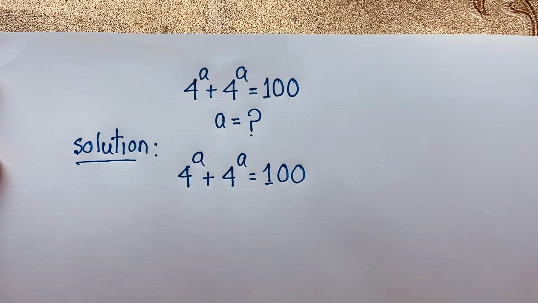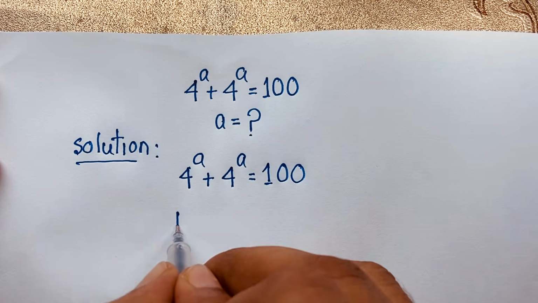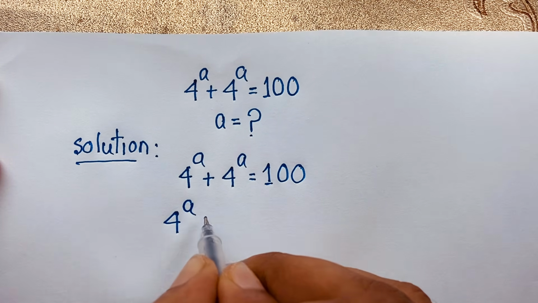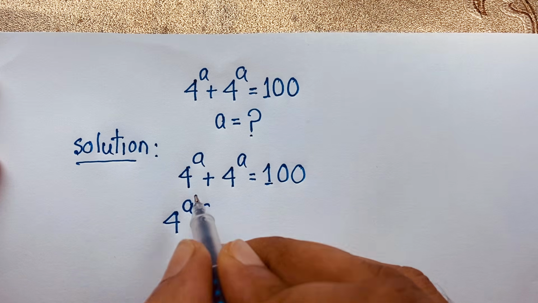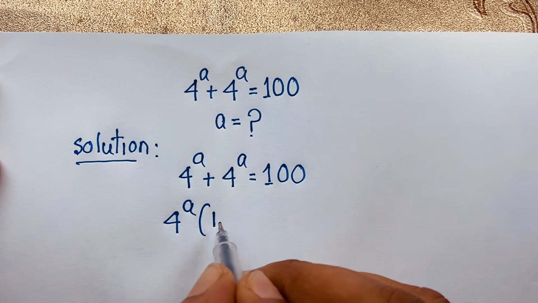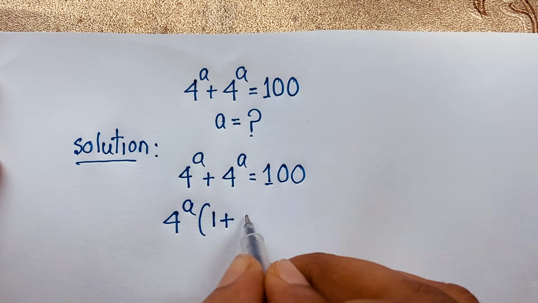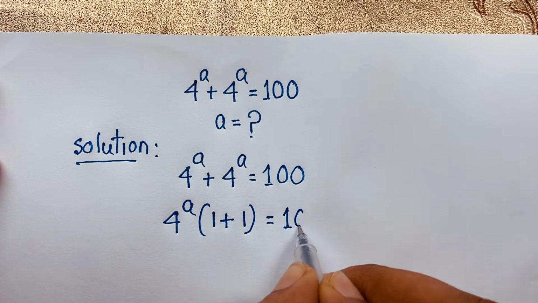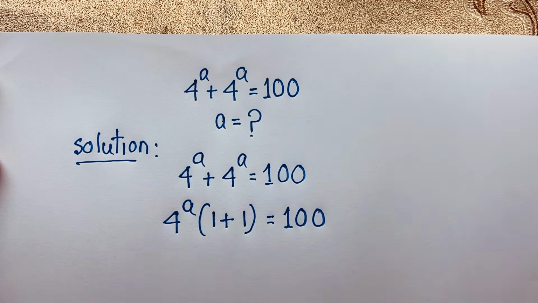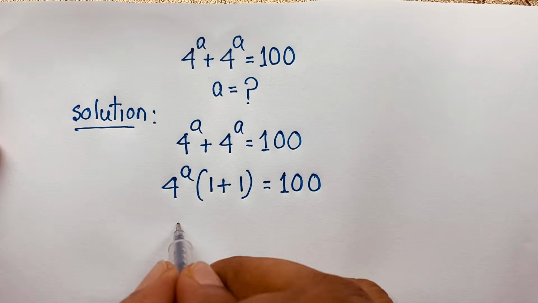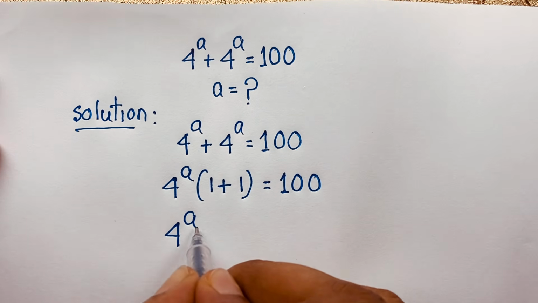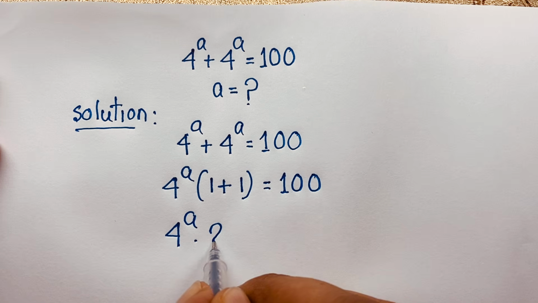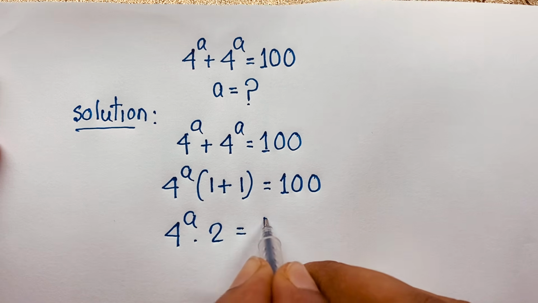Now at this moment you can say 4 to the power a is common. So if I take 4 to the power a common, this divided by this is 1, plus this divided by this is 1, is equal to 100. Then this is 4 to the power a, and 1 plus 1 is 2, is equal to 100.